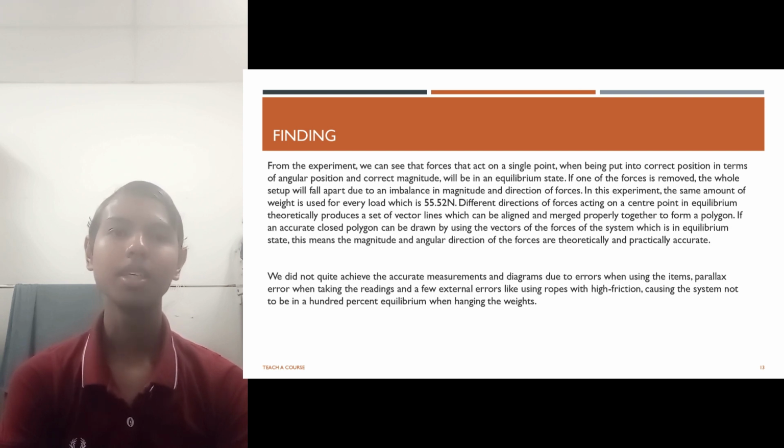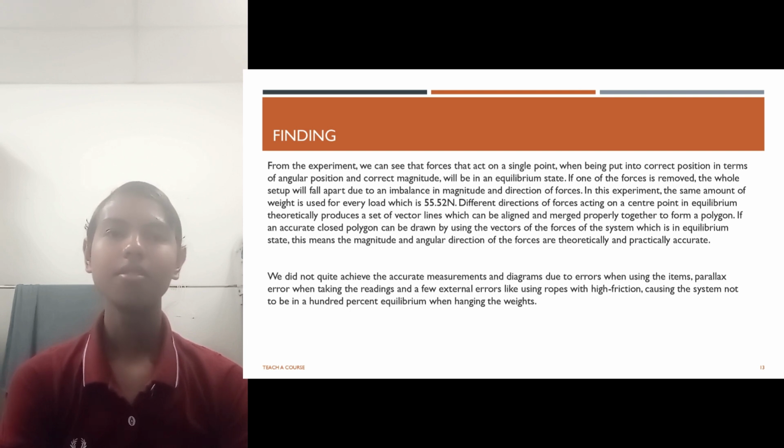In this experiment, the same amount of weight is used for every load, which is 55.52 Newton. Different directions of forces acting on a center point in equilibrium theoretically produce a set of vector lines which can be aligned and merged properly together to form a polygon.